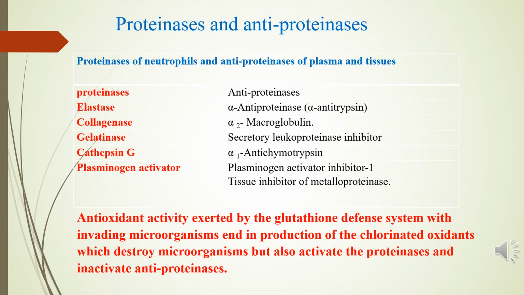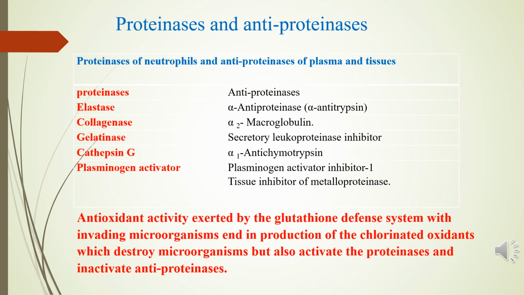This table shows some examples of proteinases and antiproteinases present in plasma and tissues. And we have elastase and collagenase and their antiproteases or antiproteinases.